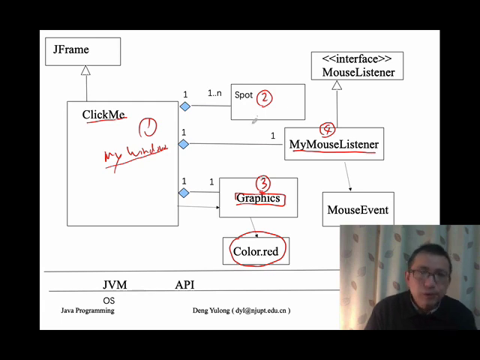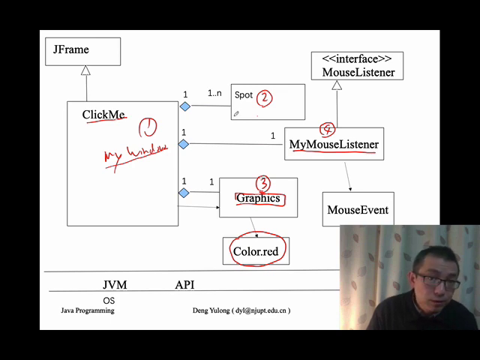A spot comes out after we launch my window, after we have this click me object. So the spot must be the individual, and click me should be the entirety. So the relationship between click me and spot should be aggregation or composition. Which kind of relationship is suitable, the aggregation or the composition?